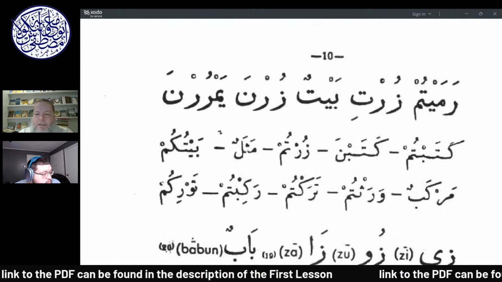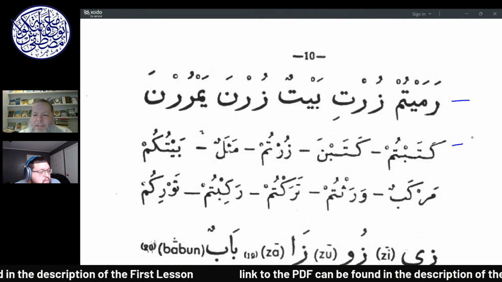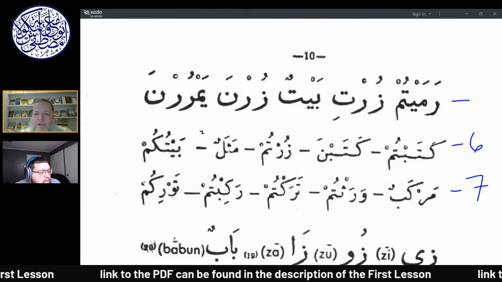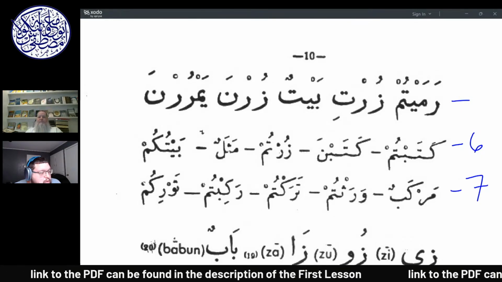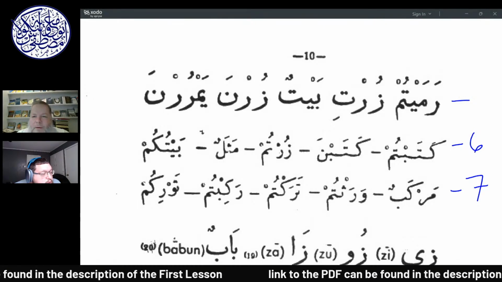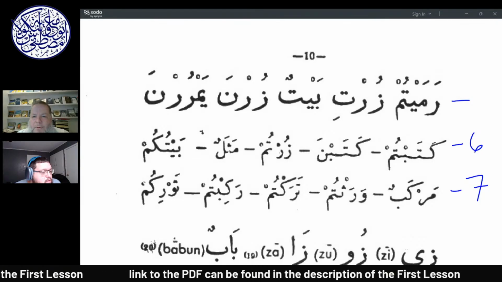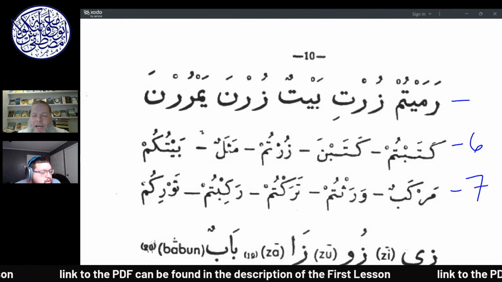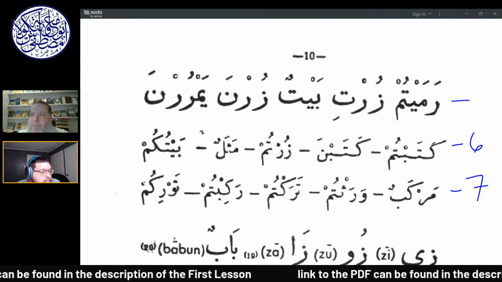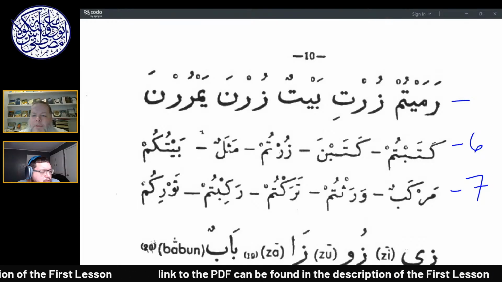We're going to read this one, and we're going to make 6 and 7 homework, inshallah. We're going to read this first line. Ramab. No, it's got two dots. Oh yeah, it's the opposite. Not Ram, Ra.